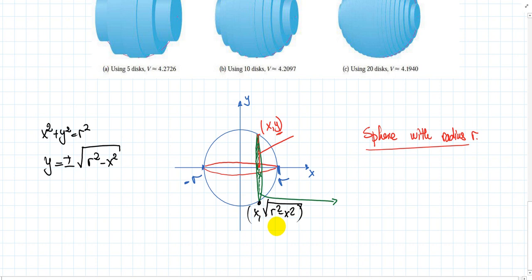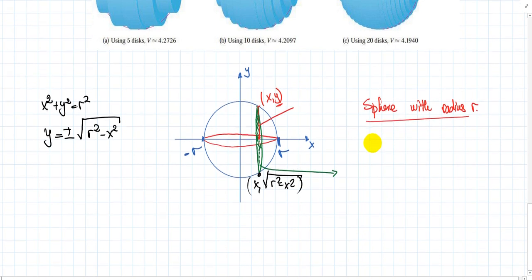So the radius of the circle is equal to the square root of R squared minus x squared. Let's make it big R. Big R is the radius of the sphere. The small r will be the radius of the circle where I cut it. What will be the area of the circle with the green?